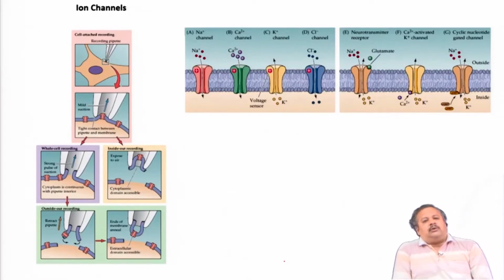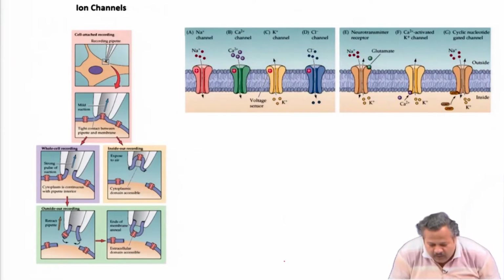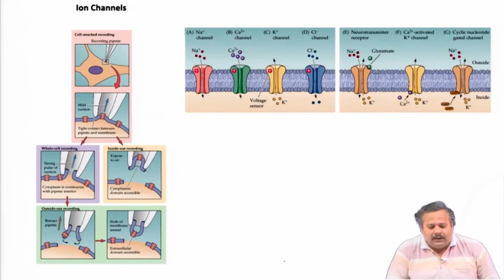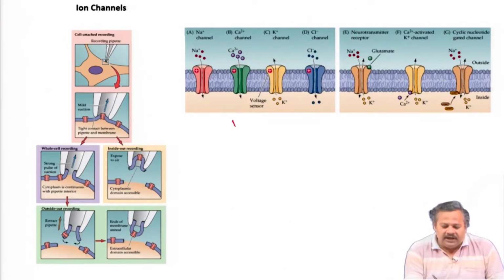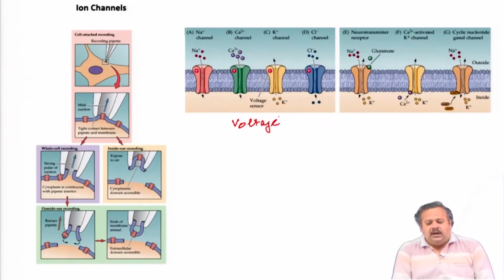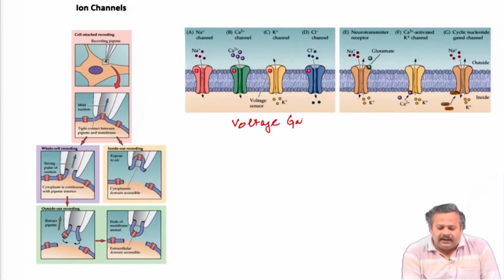These are essentially transmembrane proteins, and they are generally of two kinds, which are the two kinds that we will talk about mainly in this course. One is voltage gated, on the left, and the other is ligand gated.